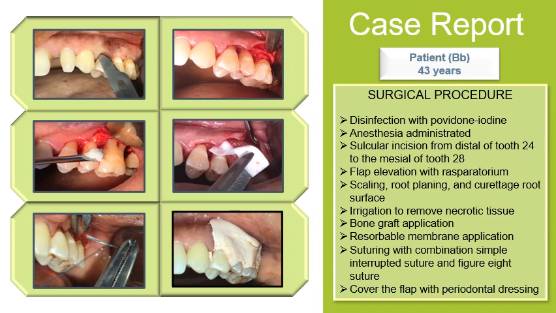Then, irrigation to remove necrotic tissue. Next, apply the bone graft on the defect. Then, the resorbable membrane was placed over the bone graft. After the membrane was set correctly, suture the flap with a combination of simple interrupted suture and figure 8 suture. The last step, cover the flap with periodontal dressing.